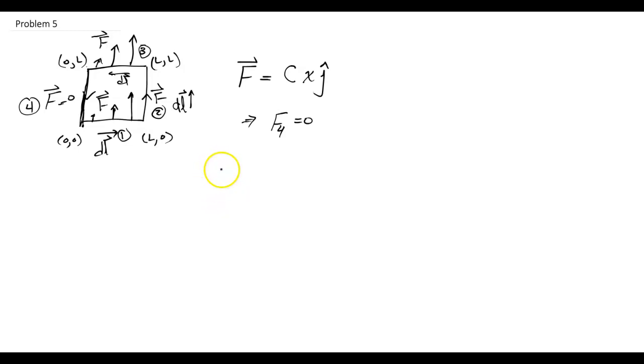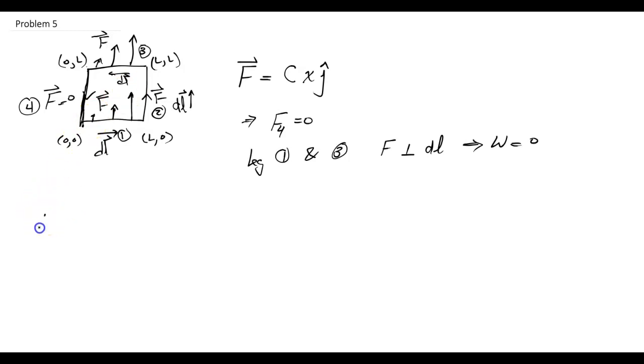And if you notice, for leg 1 and leg 3, the force is perpendicular to dL, which implies the work is 0 as well because of the dot product, right?